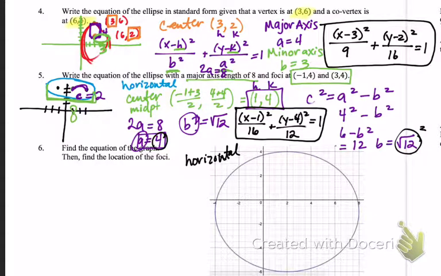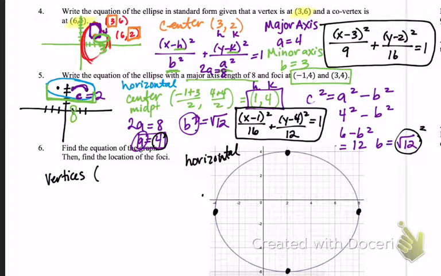And so since it's horizontal, I'm going to look at the end points. Here and here would be my vertices. Those are the widest points of my graph. And then if I look at the top and the bottom, so my co-vertices, that would be the highest point and the lowest point.